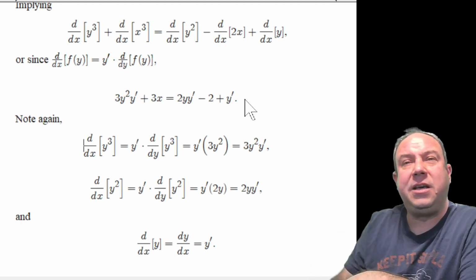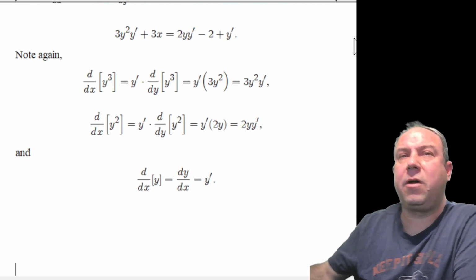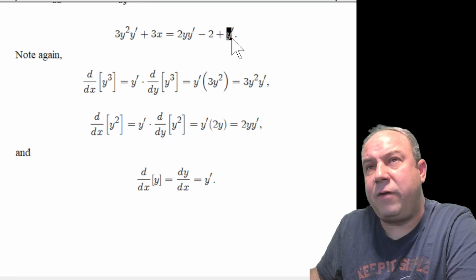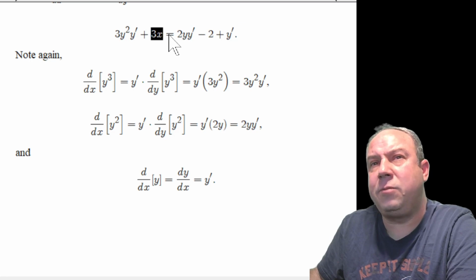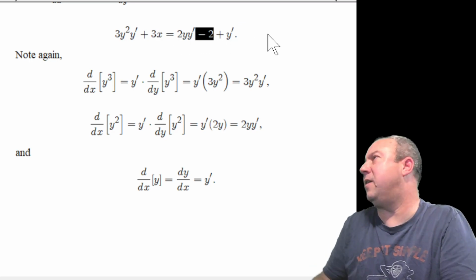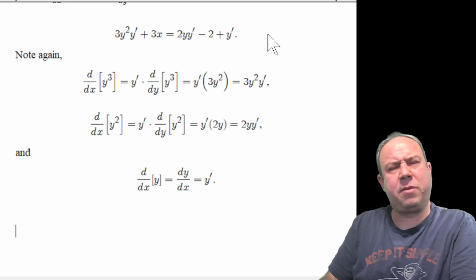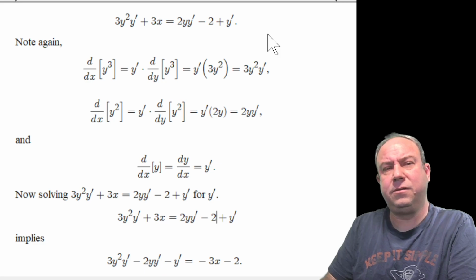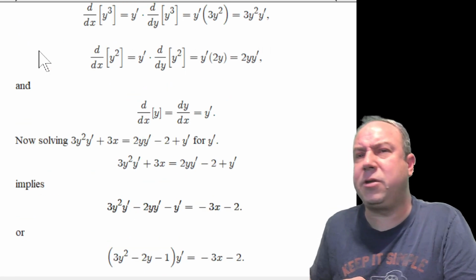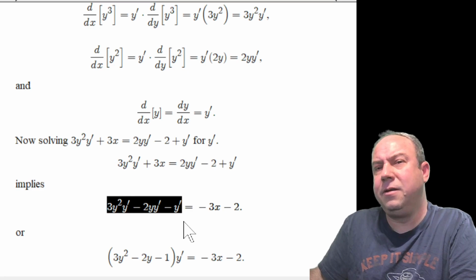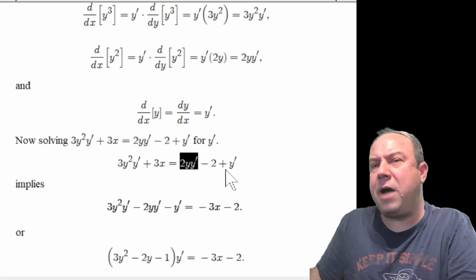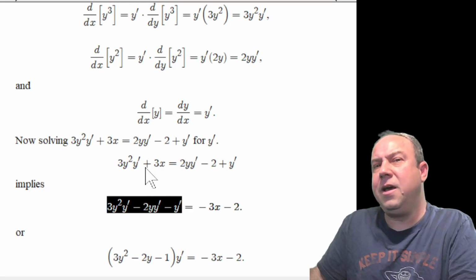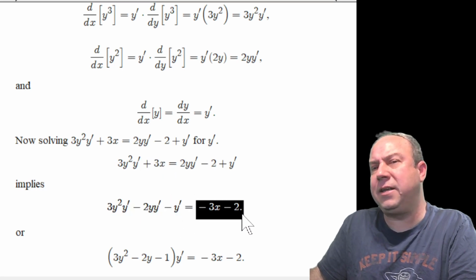Let me illustrate here. All right. We can move these terms involving y prime to one side and these terms involving just 3x and minus 2 to the other. I don't remember how I do it in the notes. Let's see how I perform that in the notes. Okay, I move all the y prime terms to the left-hand side. So that would involve subtracting the 2y prime and the minus y prime from both sides. And I move the 3x to the right by subtracting it.